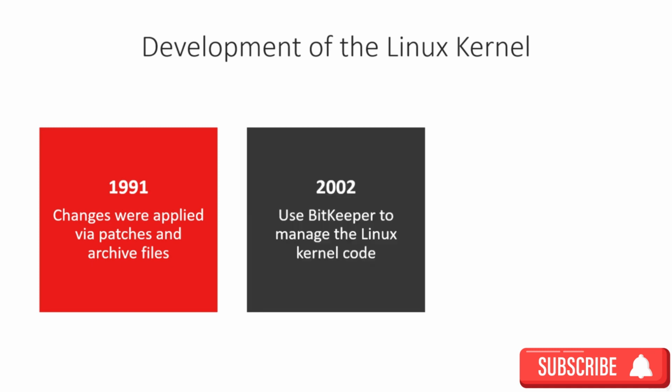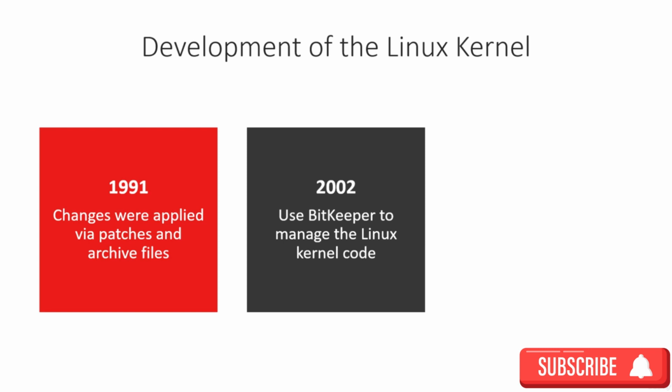In 2002, Linus Torvalds decided to use BitKeeper to manage the Linux kernel code. BitKeeper is a distributed version control system. But at the same time, BitKeeper is also a commercial product and it is not open source.